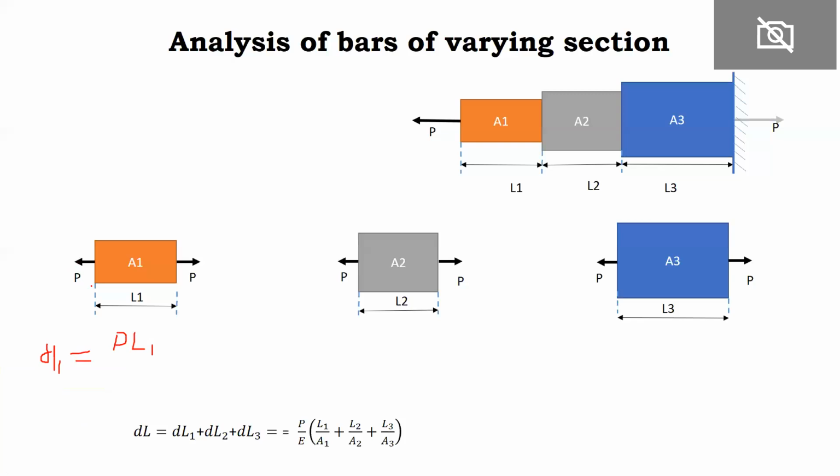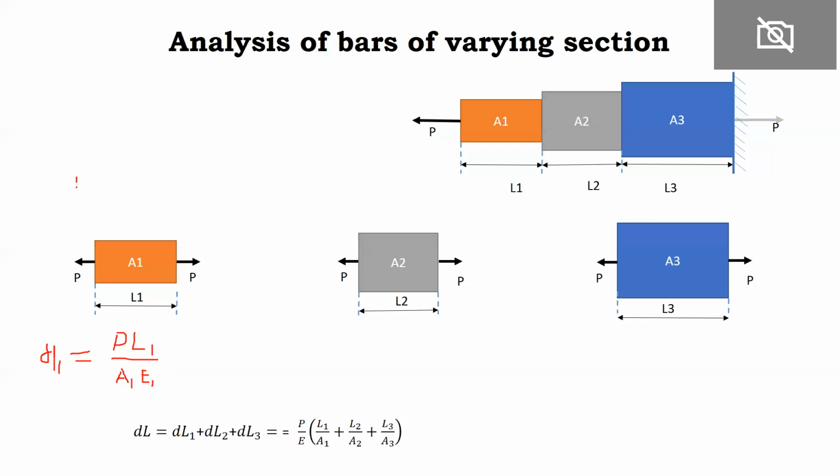P is the amount of load acting, L1 is the length, upon the cross-sectional area of member 1 and the Young's modulus of this member 1, E1. So this is the definition for determining delta L, the change in length. Delta L1 can be computed by using this formula.